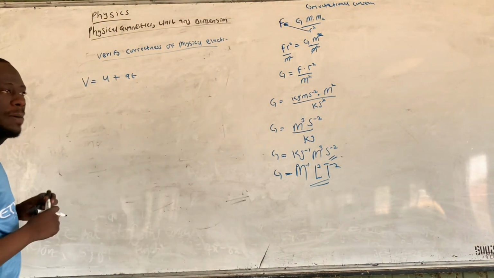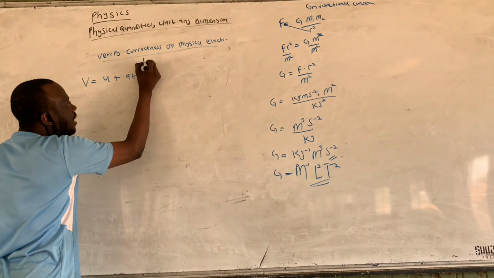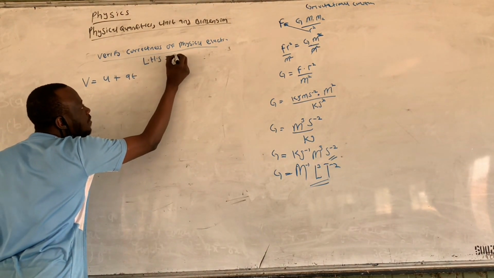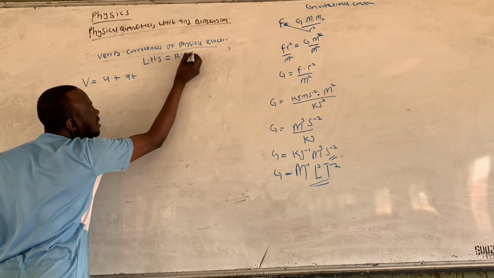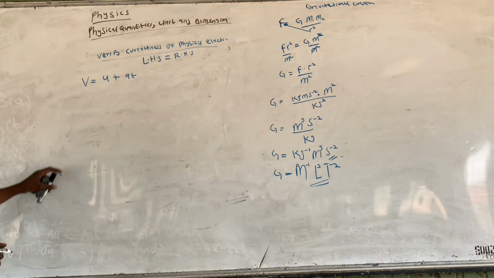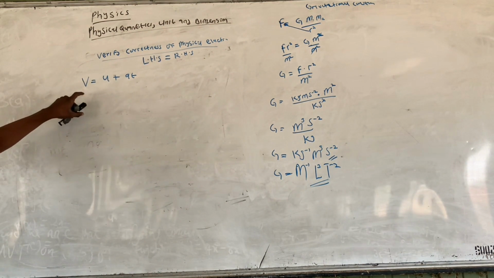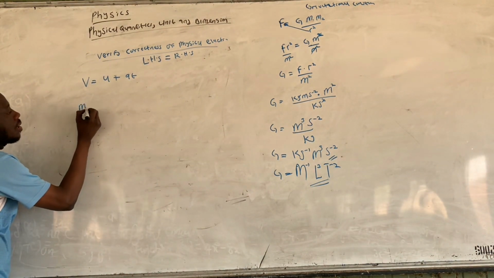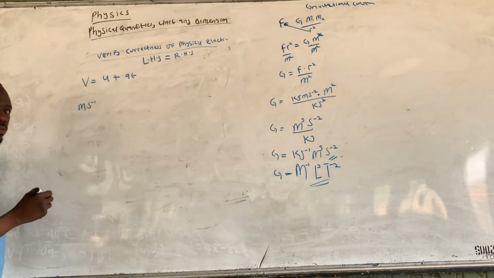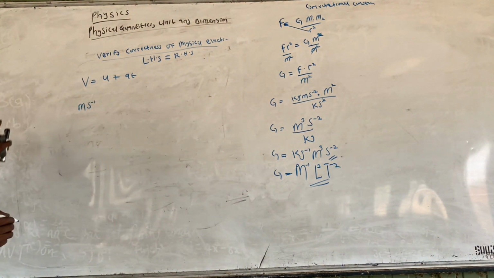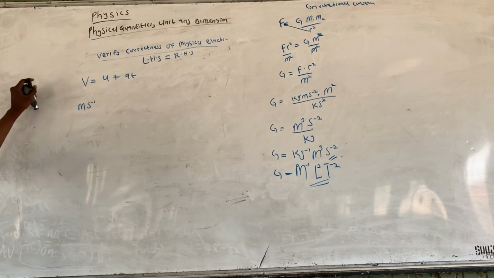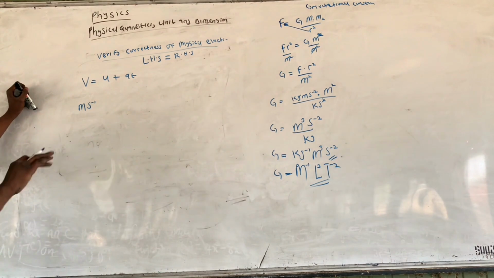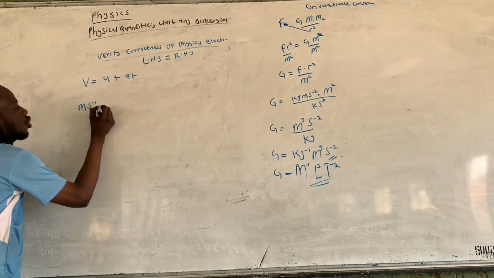Remember that whatever is the left hand side must be equal to the right hand side. The unit of velocity is meter per second. And please remember that a pure number does not have a dimension.